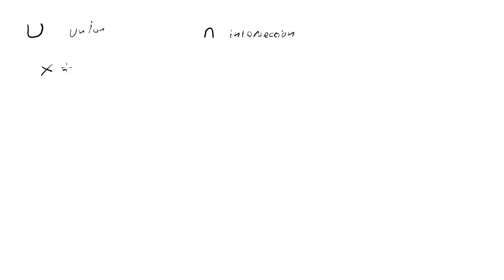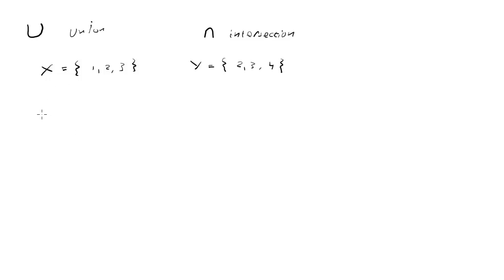For example, let's take our X as above as {1, 2, 3}, and then our Y as a new set. Let's make it {2, 3, 4}. Now, we can perform the union and the intersection on these sets and we'll get a new set out.